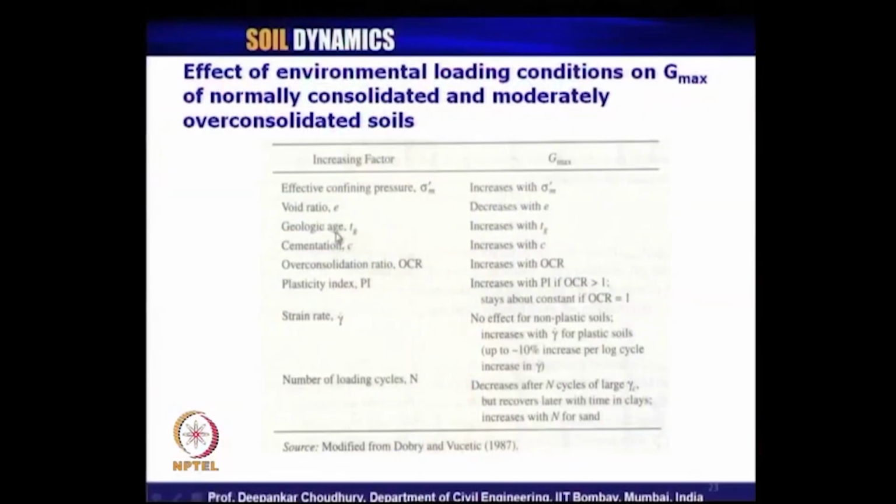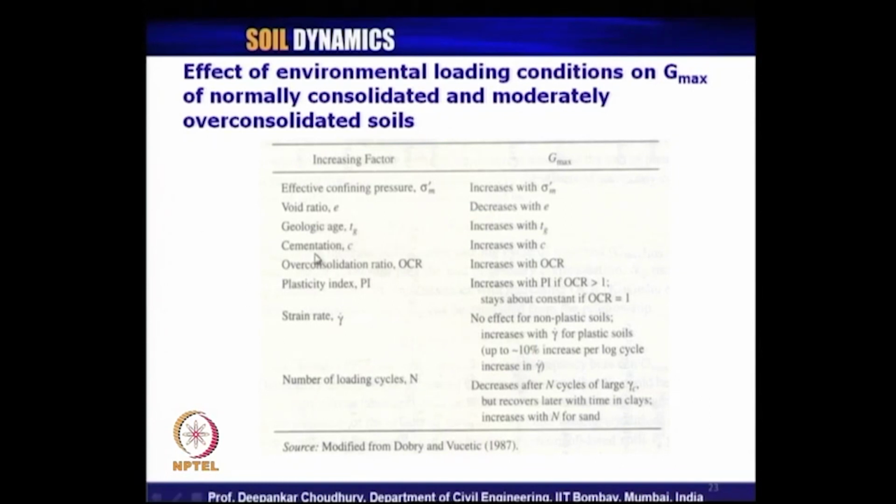With increase in geologic age, there will be increase in Gmax value, which also we can physically understand that older the soil, obviously the strength of the soil will be much more than the transported soil or filled up material.